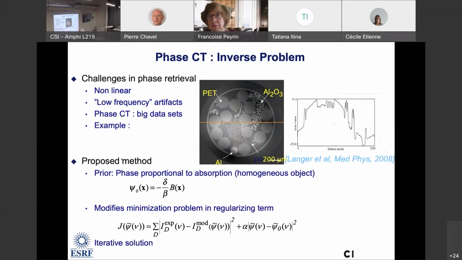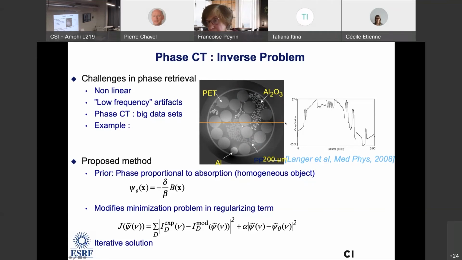So in the previous years, if you apply a standard phase retrieval method, what you will get, for instance, here illustrated on a phantom, is this image where you can see the different objects in your phantom, but you can notice that you have something that is quite blurred, and this is a so-called low frequency artifact.